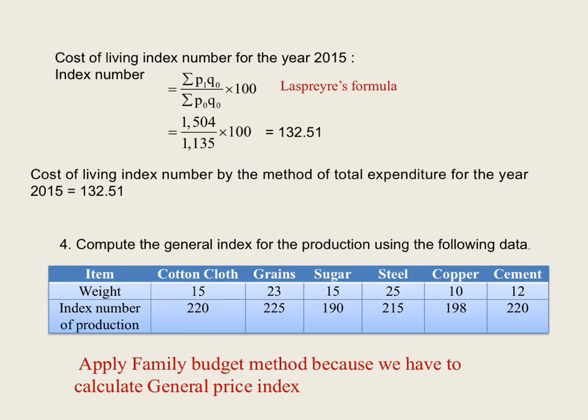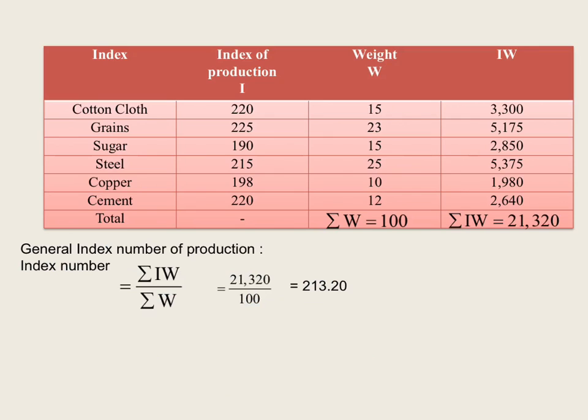Compute the general index for production using the following data. Items: cotton cloth, grain, sugar, steel, copper and cement. Weights are 15, 23, 15, 25, 10 and 12. Index numbers are also given, so I is there, W is there. We simply apply the family budget method and calculate the general price index. So it's a very easy question.